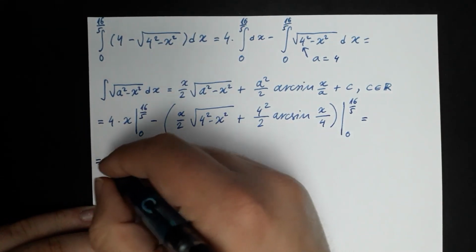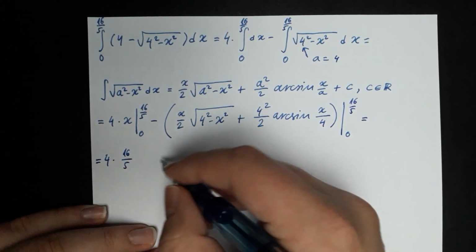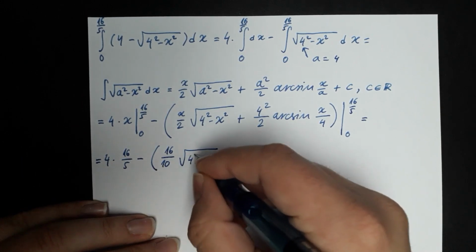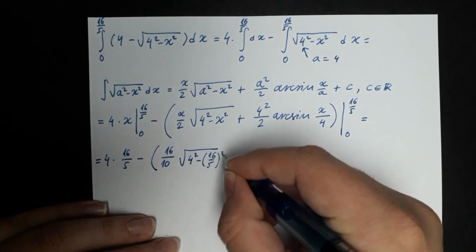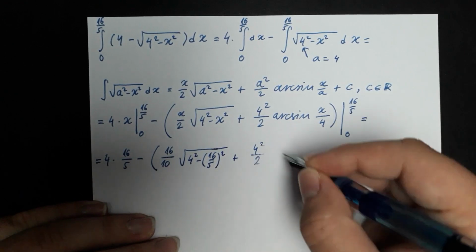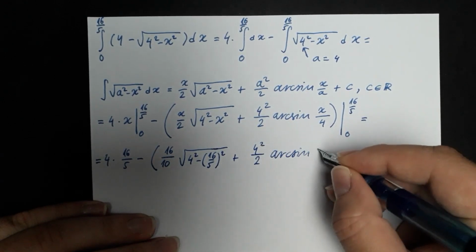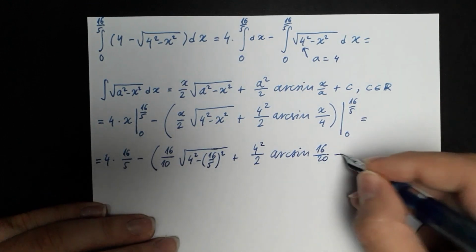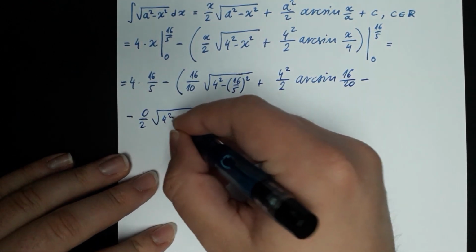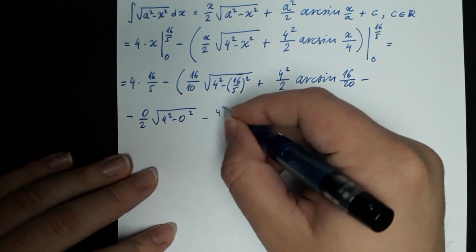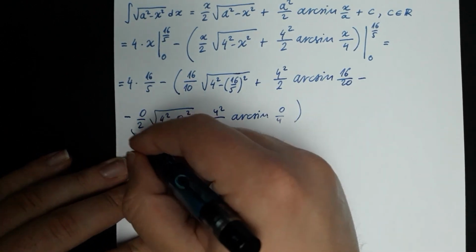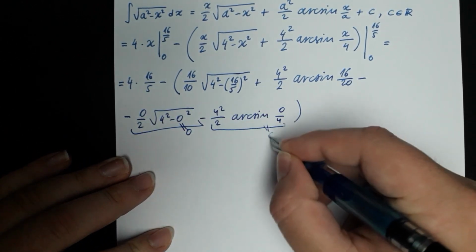This is then equal to 4 times 16 over 5 minus 16 over 10 square root of 4 squared minus 16 over 5 squared plus 4 squared over 2 arcsine of 16 over 20 minus 0 over 2 times the square root of 4 squared minus 0 squared minus 4 squared over 2 arcsine of 0 over 4. This is equal to 0 and this is equal to 0.